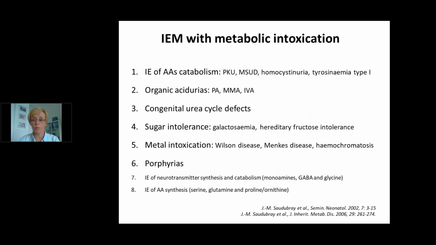The list of inborn errors of metabolism which can present with intoxication is pretty long. The main ones that we are supposed to remember are inborn errors of amino acid catabolism, organic acidurias like propionic, methylmalonic, or isovaleric aciduria, very severe diseases related to congenital urea cycle defects, and we will talk about them later on, and sugar intolerance like galactosemia or hereditary fructose intolerance in older children where fructose is introduced to their diet.